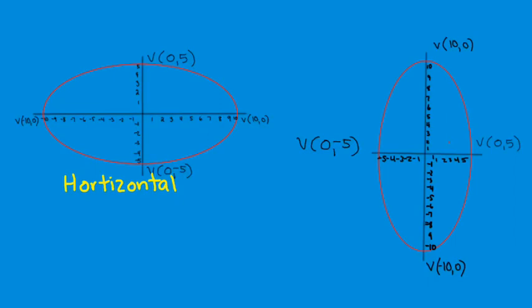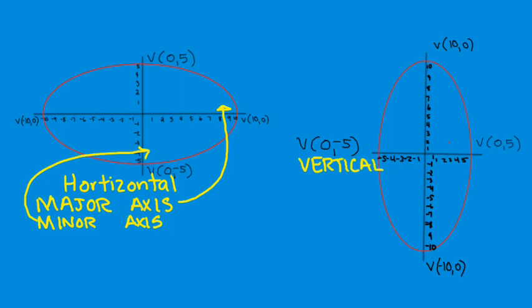So our horizontal ellipse is horizontal because the foci are on the x-axis, which is the major axis for this ellipse. Whichever axis has the foci on it is the major axis.